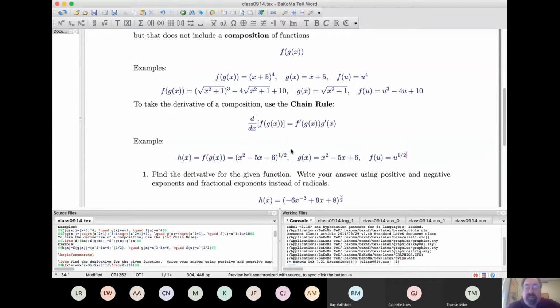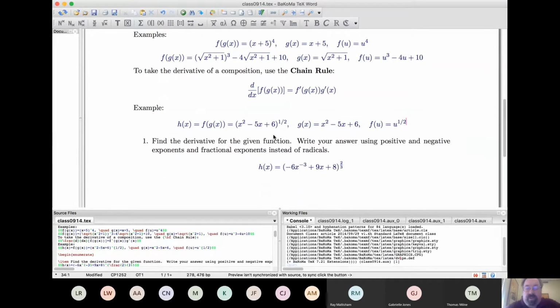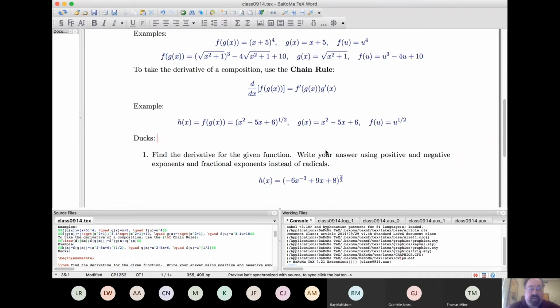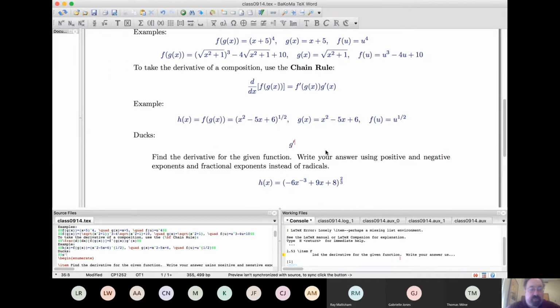Now, when I was showing you product and quotient rule, I recommended that you line up all the pieces of what you need for the derivative, like getting your ducks in a row. Same thing here. After you identify this is your inner function, this is your outer function, you need both derivatives. So again, getting your ducks in a row, we need g prime of x.